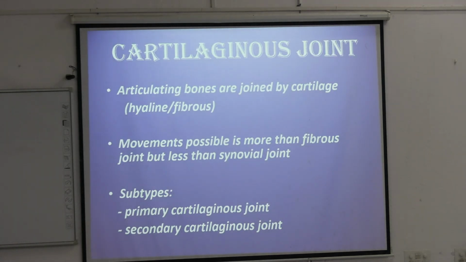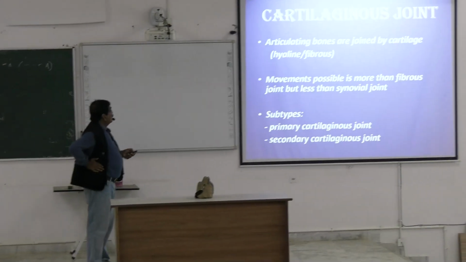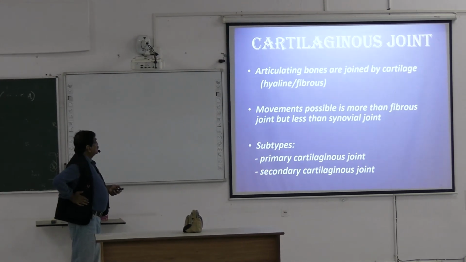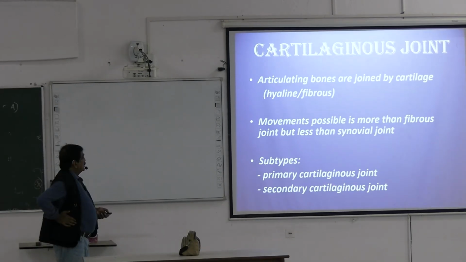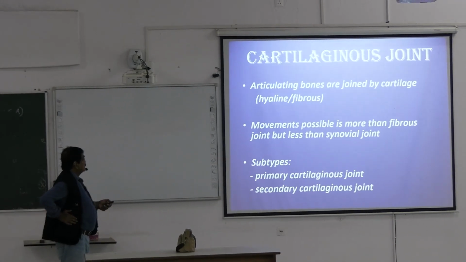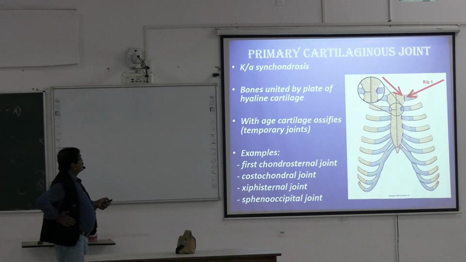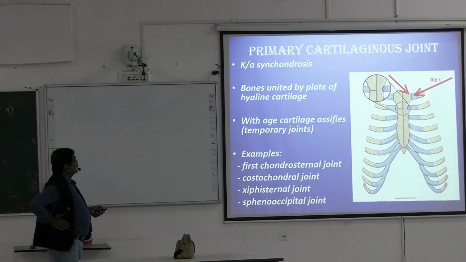Now, cartilage joint. Articulating bones are joined by cartilage, hyaline or fibrous. Movement is possible more than in a fibrous joint but less than in a synovial joint. Sometimes primary cartilage joint, secondary cartilage joint. Primary cartilage joint, synchondrosis: bones united by a plate of hyaline cartilage.